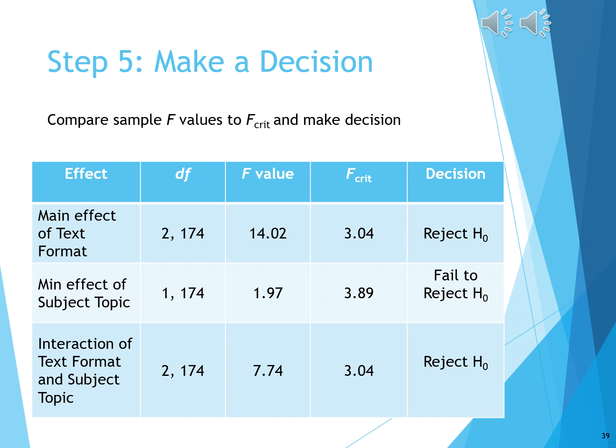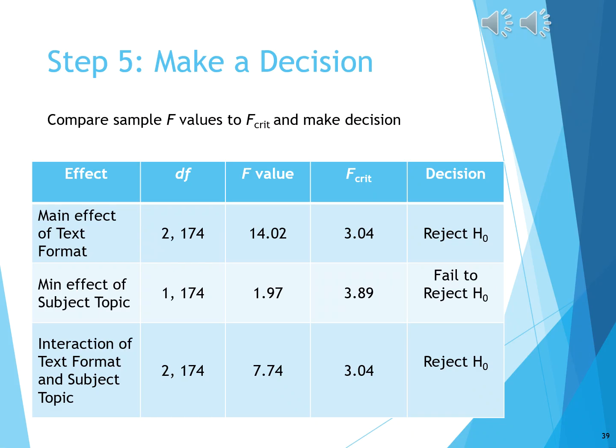How about the main effect of subject topic? Well, it had an observed F value of 1.97, and the F critical, which you could look up in the book, with 1 and 174 degrees of freedom, really 1 and 200 degrees of freedom, because that's what the textbook has, is 3.89. Okay, so 1.97 is not more extreme than 3.89, so we fail to reject the null hypothesis.